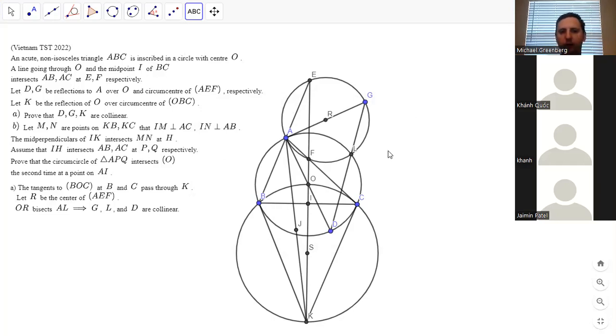You said we can do that using inversion. Maybe just angle chase. Yeah, it should just be angle chase.